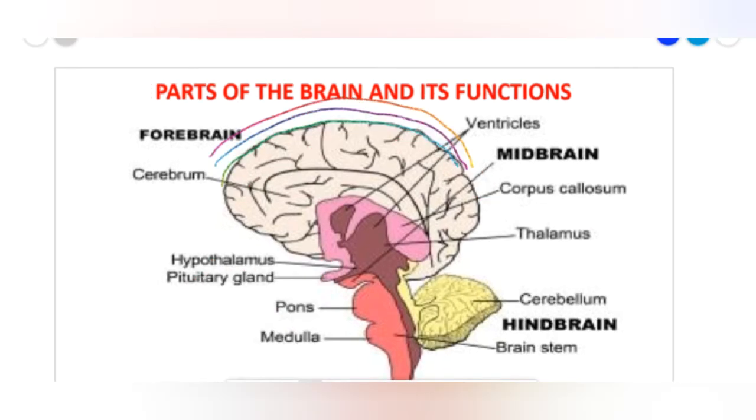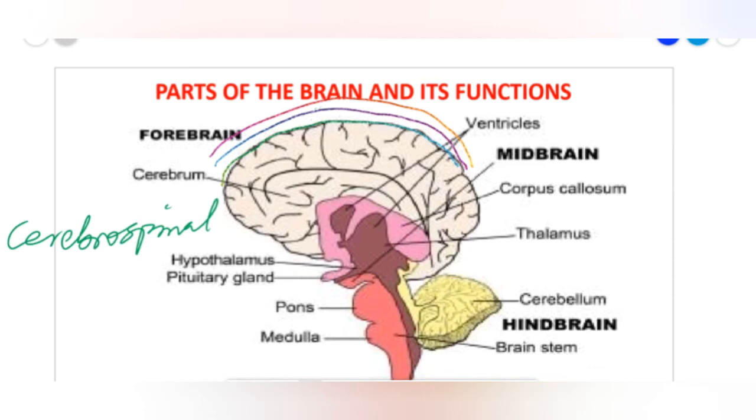Between these meninges, we have a space. These spaces are filled with a fluid that we call the cerebrospinal fluid. This fluid protects the brain from shock as well as damage by the bones of the skull.